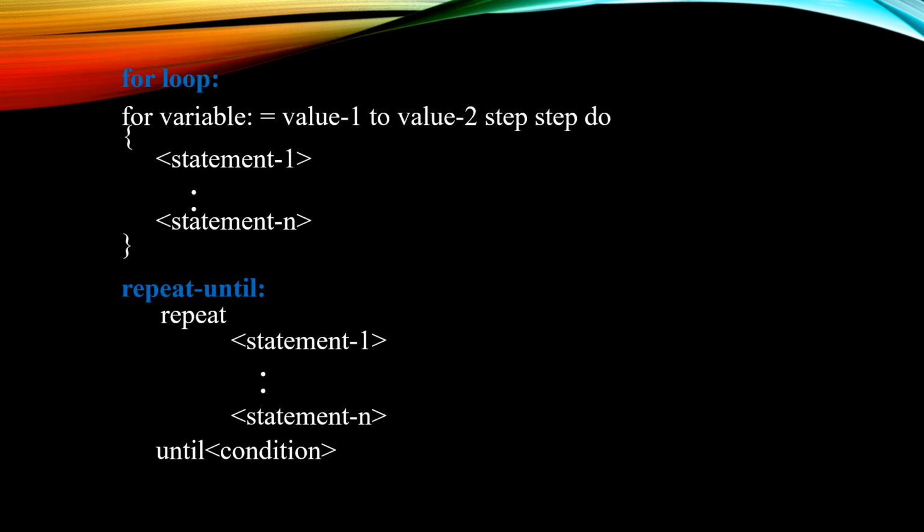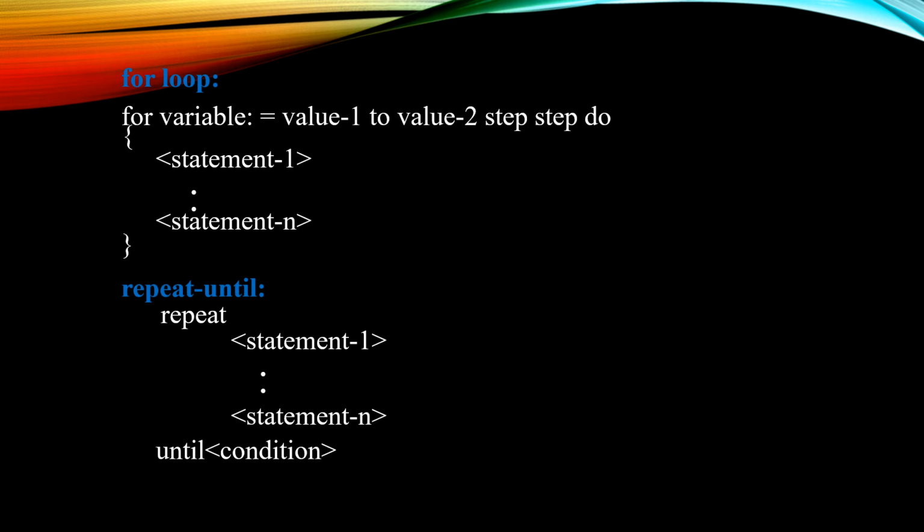The second syntax is the for loop. Here the for loop is a fixed execution structure. Here we already know how many times the statements are to be repeated. For variable equal to value 1 to value n, that means value 2.